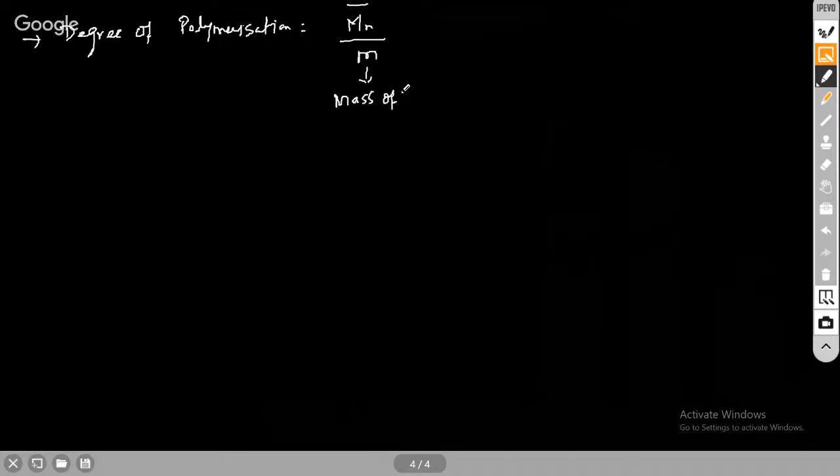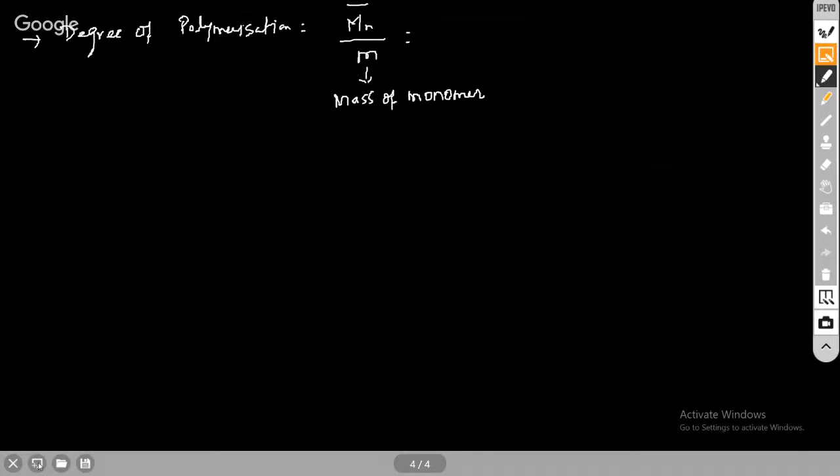Now, degree of polymerization, which is there in the question. There are two formulas here. The first formula is number average molecular mass divided by M. This M is the mass of the monomer, or we also call it the repeating unit, if the monomer is given.